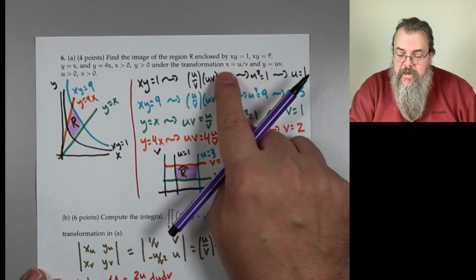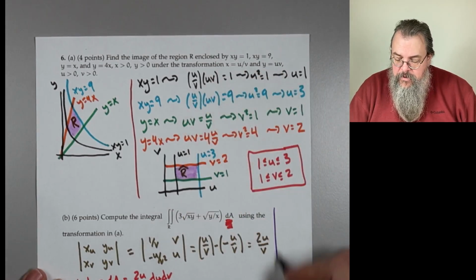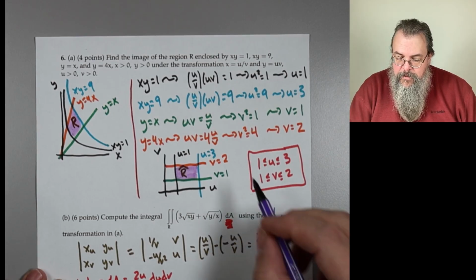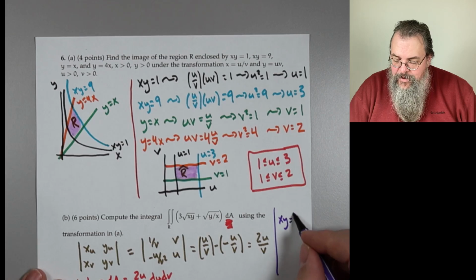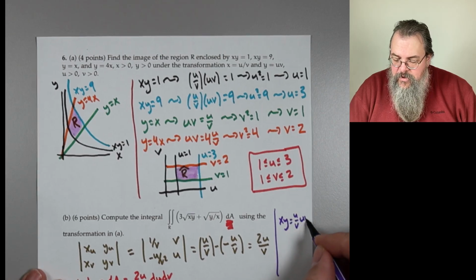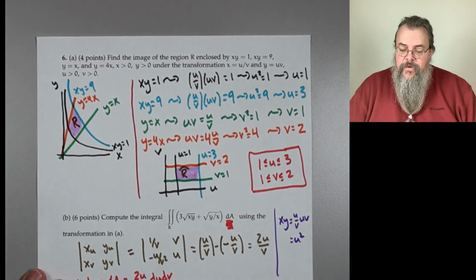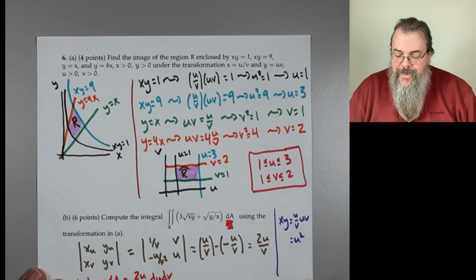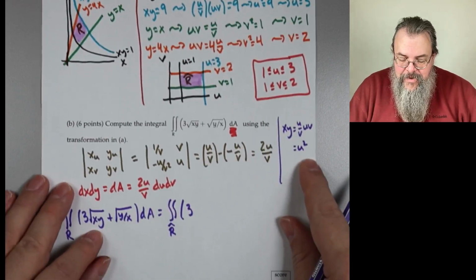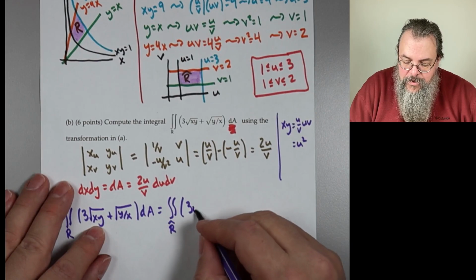What happens when you multiply x times y? We've already done it. It's u over v times u times v, which ends up being u squared. So the square root of that is u. So square root of xy is u.